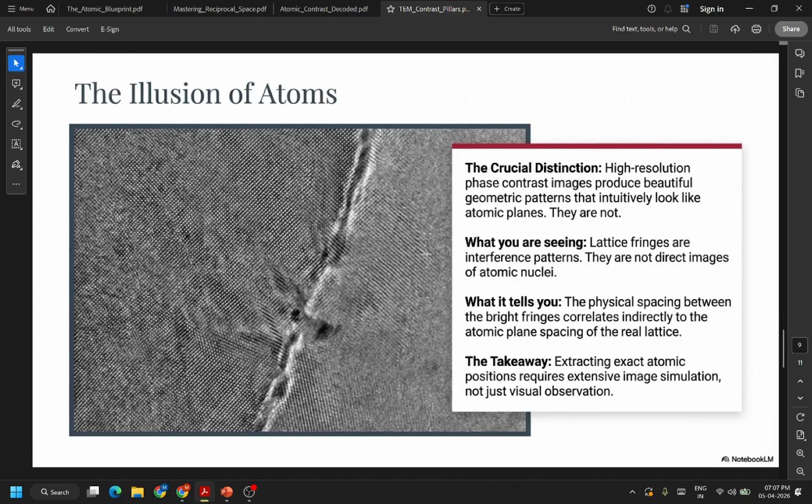The physical spacing between the bright fringes correlates indirectly to the atomic plane spacing of the real lattice. The takeaway is that extracting exact atomic positions requires extensive image simulation, not just visual observation.